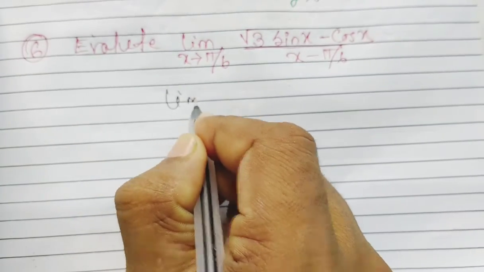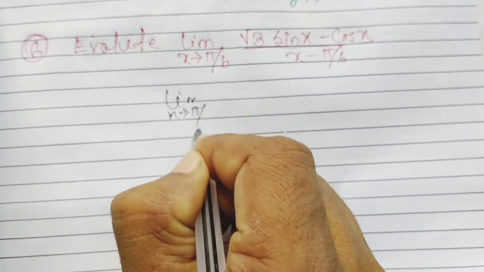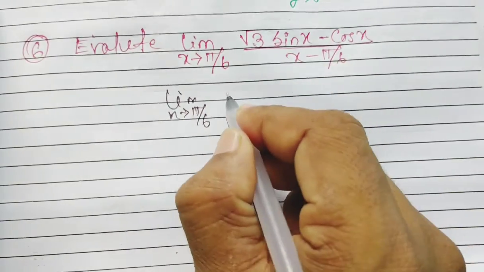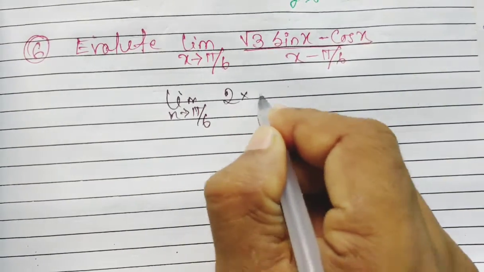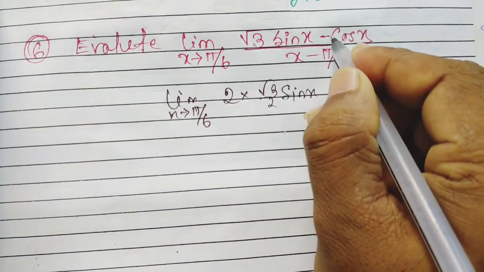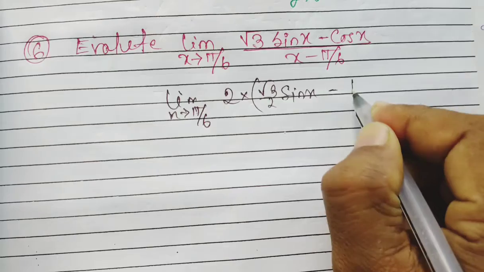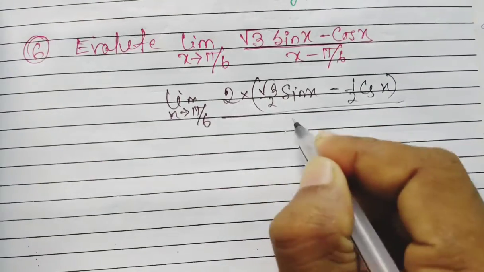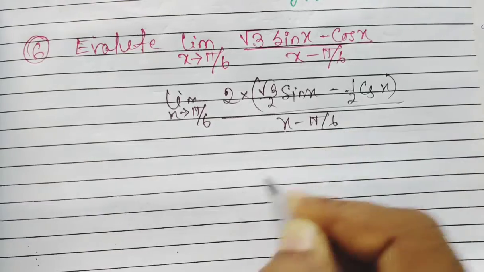Root 3 can be written as 2 into root 3 by 2 sin x, and here nothing means 1, so write here 1 by 2 cos x, divided by x minus pi by 6.